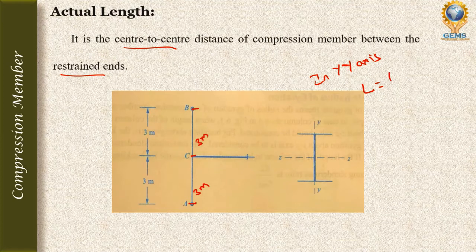So your L is 6 meter, 3 plus 3, in the y-axis. But if you take the z-axis, here is one condition, here is one condition. Assume this is also 3 meter, then your actual length is 3 meter. So your actual length will differ with the axis of the member. So how it is connected.